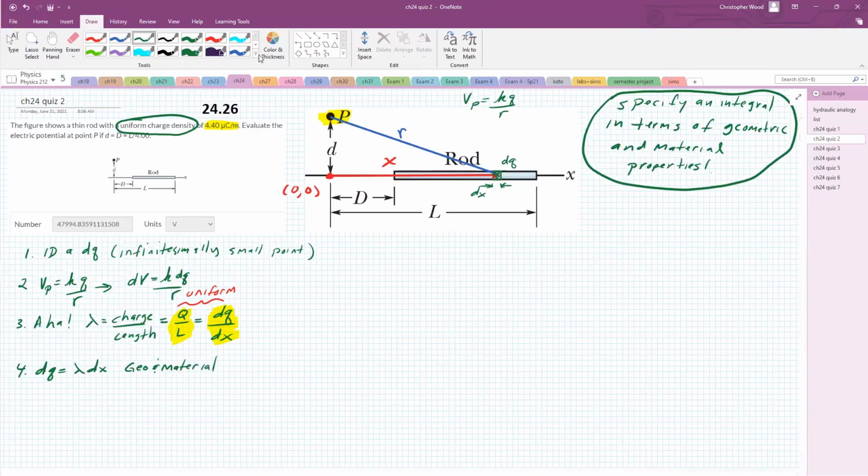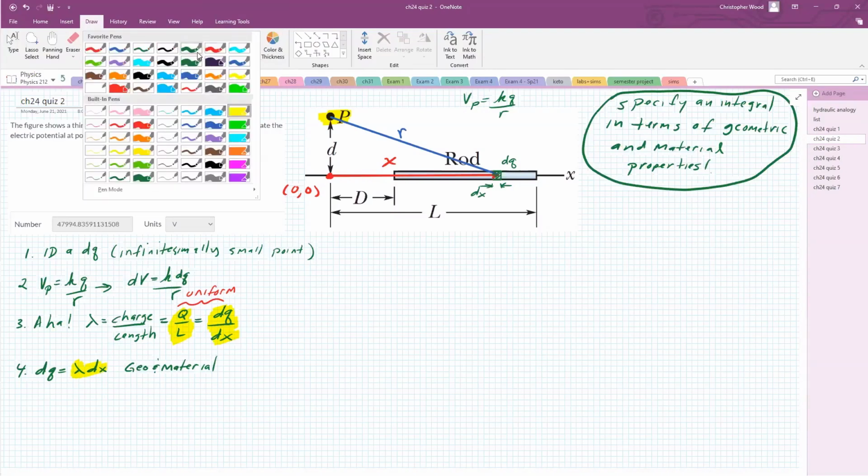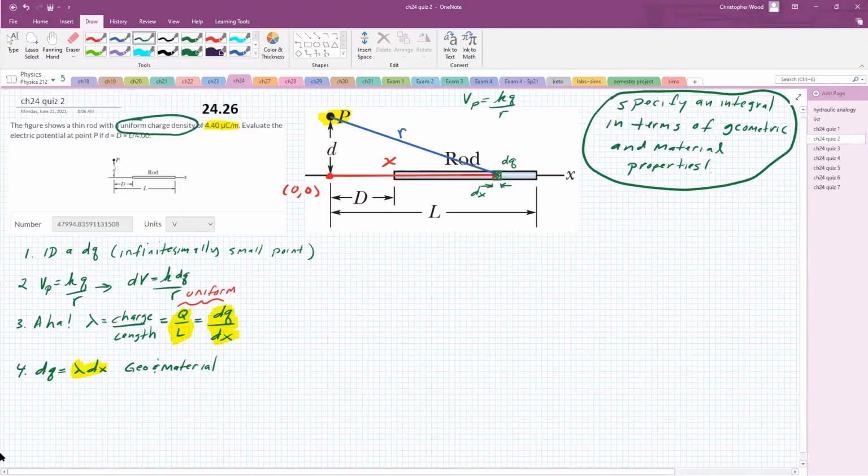Lambda is a material property. Like you have a certain material that has a different charge density. Charged lucite has a different charge density compared to charged aluminum. So that's a material property, and this is the geometry. So that's my motivation for representing dq this way. And I'm just going to keep going until I can't figure out any ways to drill down deeper.